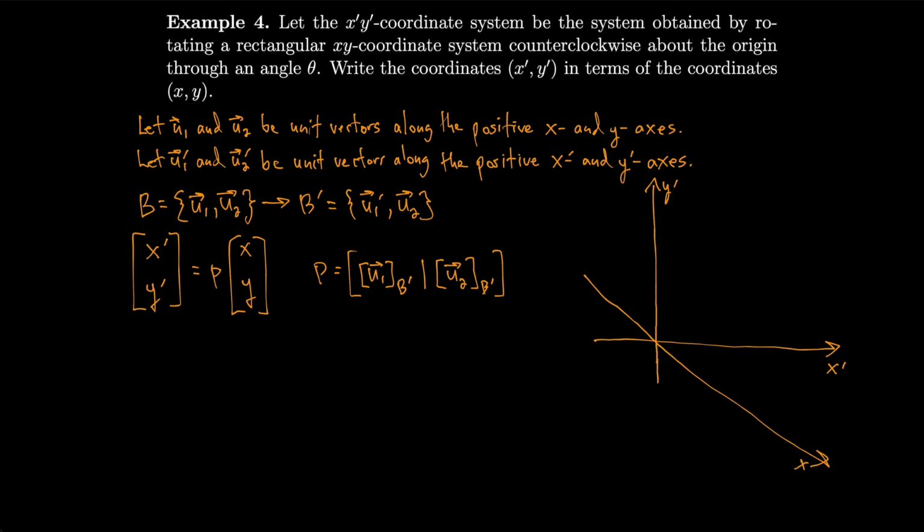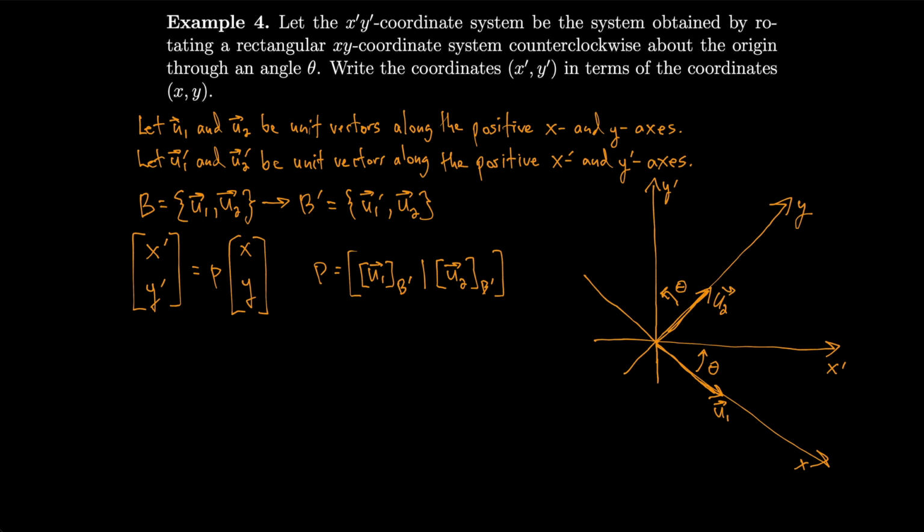So here's x, and then here's y perpendicular. Okay, so we rotated some angle theta, right? That's how we got from over there to over there. And u1 is the vector right there along the x-axis, and then u2 is the unit vector along the y-axis.